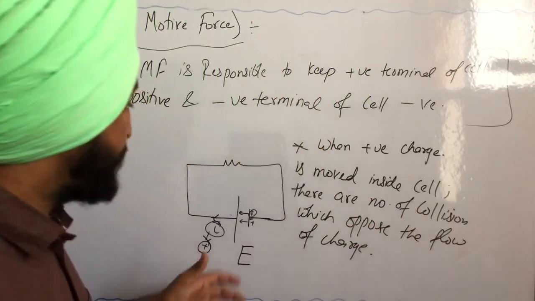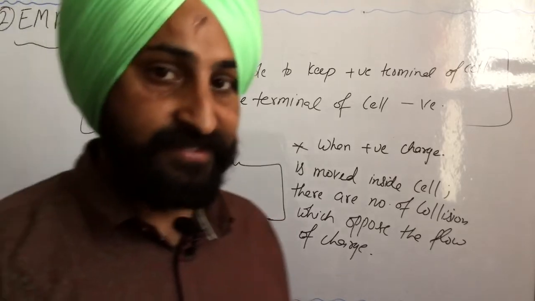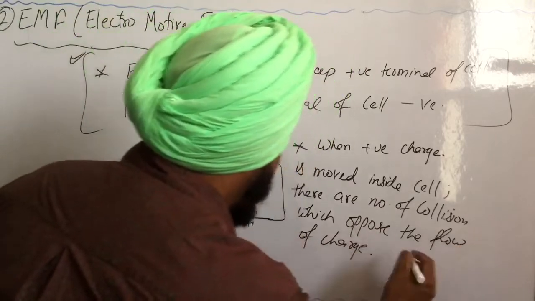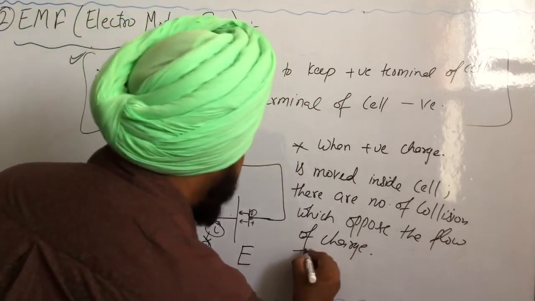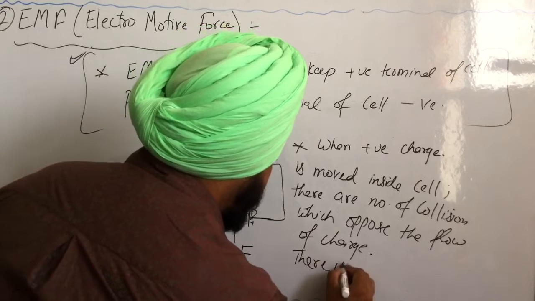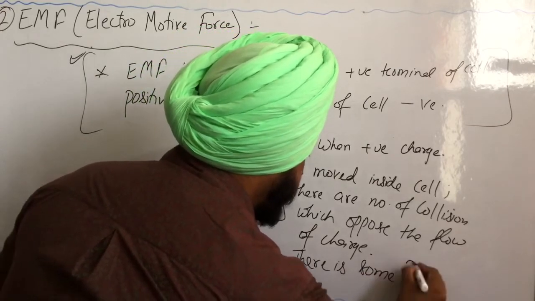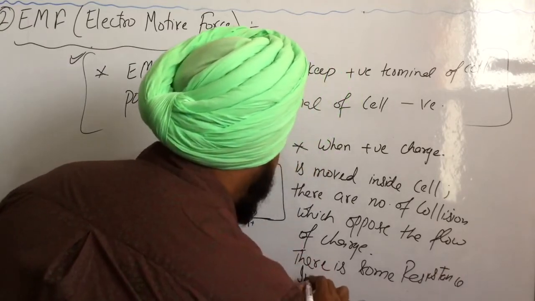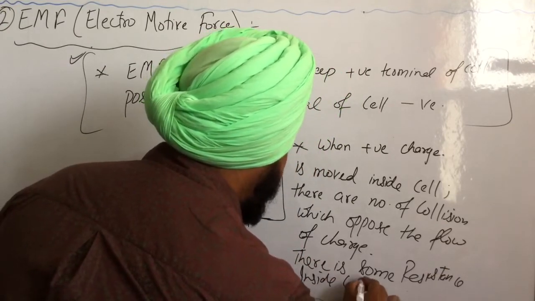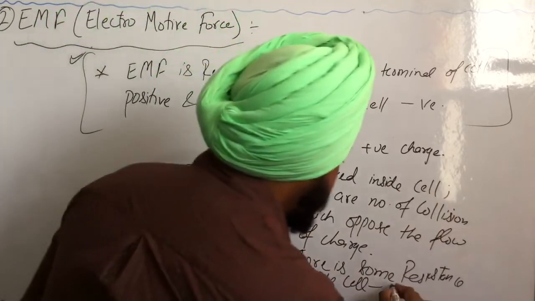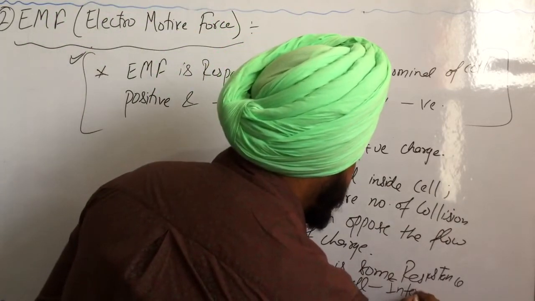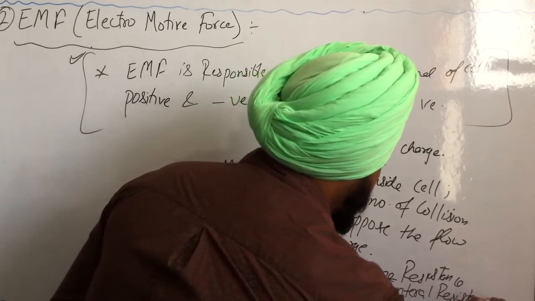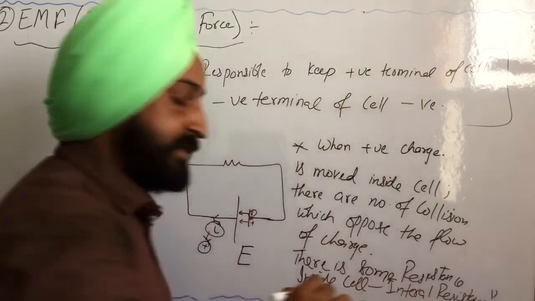So inside the cell there is also a resistance, called internal resistance, which opposes the flow of charge. That means there is some resistance inside the cell, and we call that resistance internal resistance.